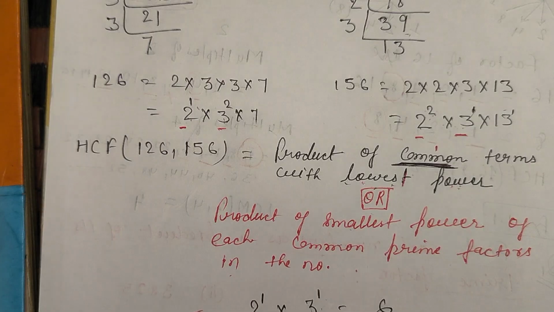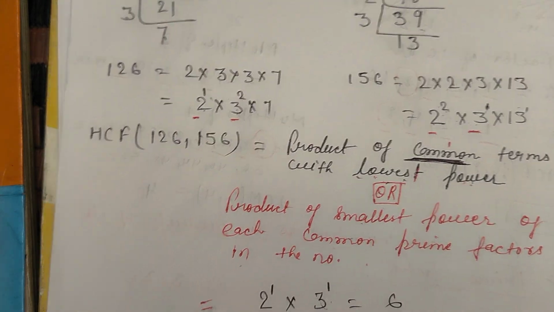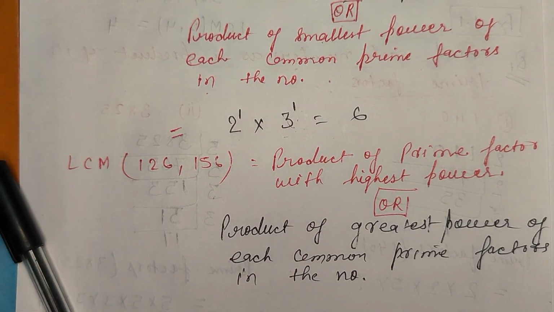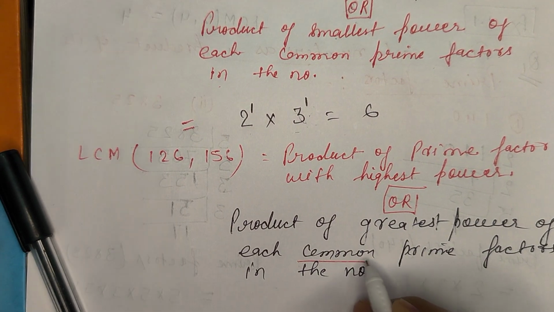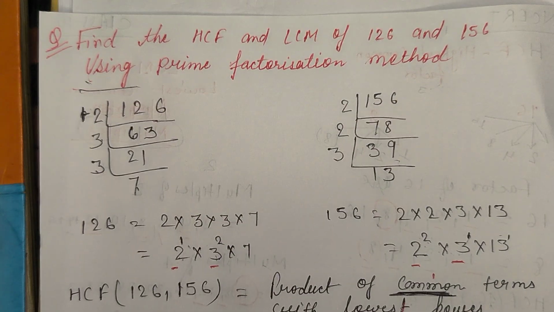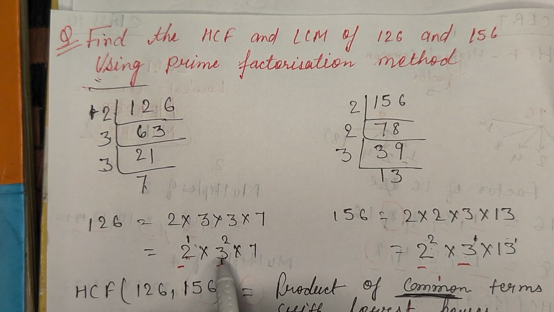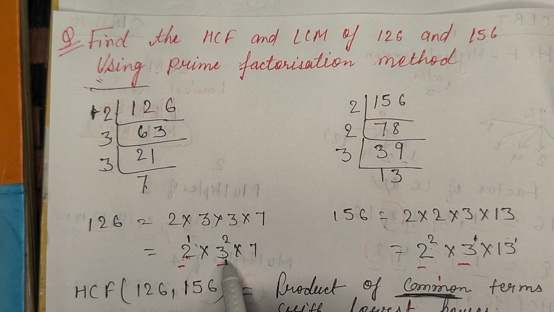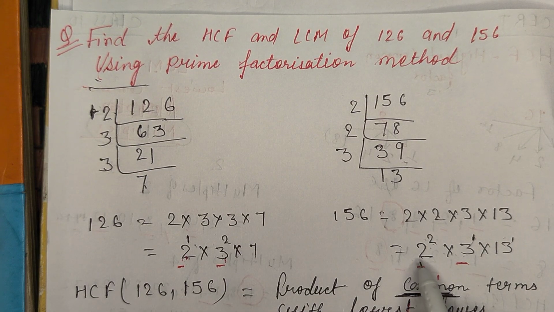So you see here, first we take the prime factors. Which are common? We can see here 2, 2, 3 and here 2, 3.